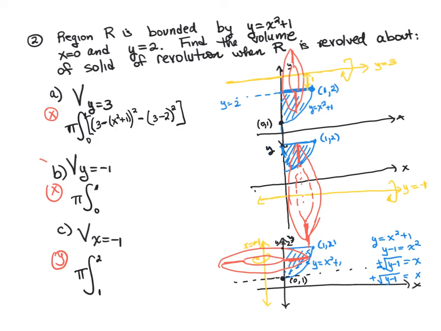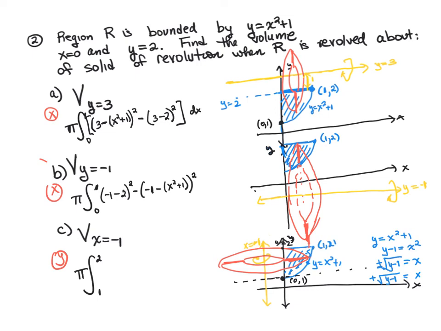Now for the next one, we have the axis of revolution minus the curve furthest away, and that's the line y equals 2, minus the axis of revolution minus the curve closest, and that's the parabola. Again, we need parentheses there, squared.